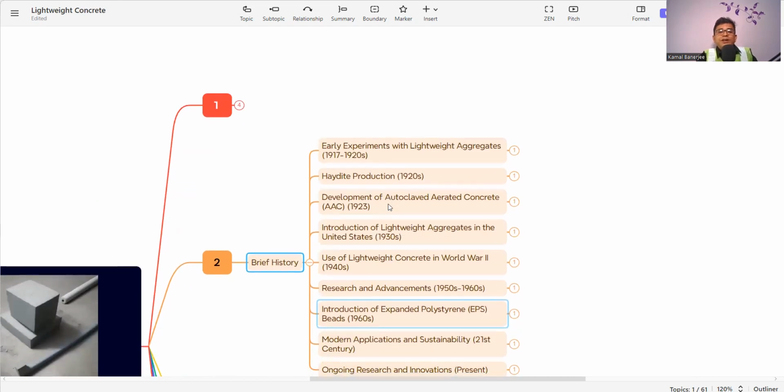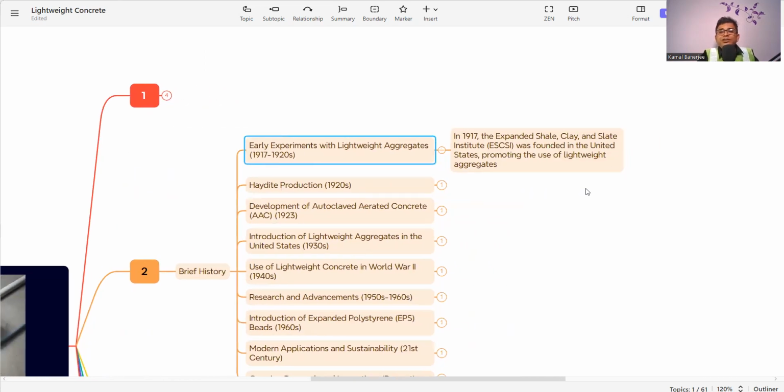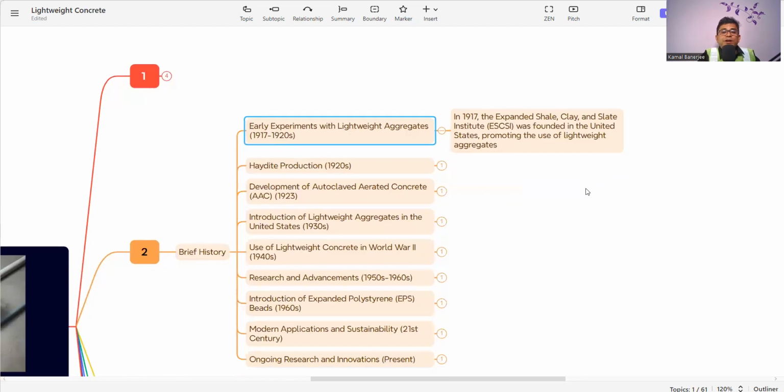First, the early experiments with lightweight aggregates in 1917 to the 1920s. In 1917, the Expanded Shale, Clay, and Slate Institute was founded in the United States, promoting the use of lightweight aggregates to make lightweight concrete.